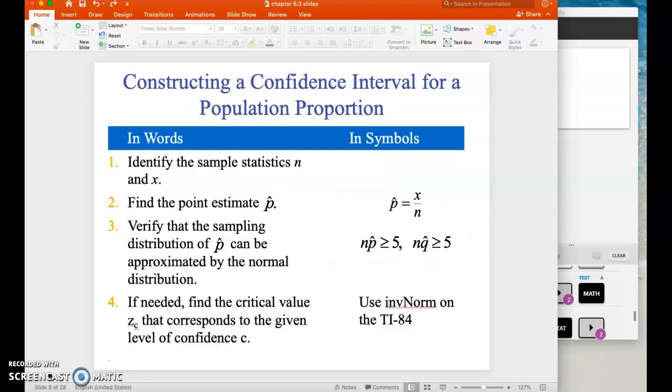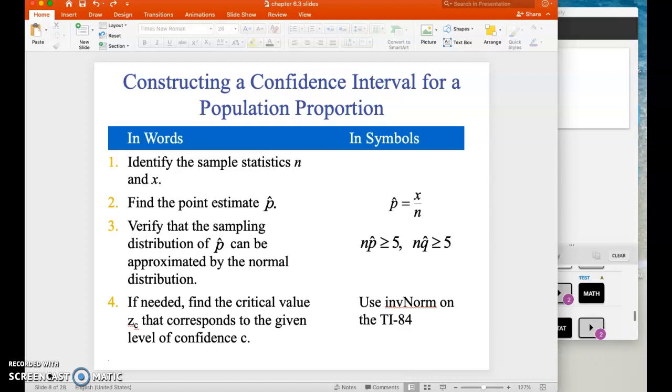To construct a confidence interval for a population proportion, we're going to go through the following steps. First, we're going to identify the sample statistics N and X, our sample size and our number of successes. Second, we find the point estimate P hat using those sample statistics we found in step 1. Step 3 is to verify that the sampling distribution of P hat can be approximated by the normal distribution.